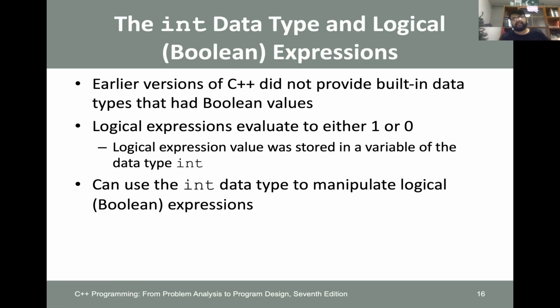That is something that is traditional. You can use a Boolean data type itself, or if you wish, you can use the int data type within the condition, so that you can evaluate if the Boolean expression is true or false.